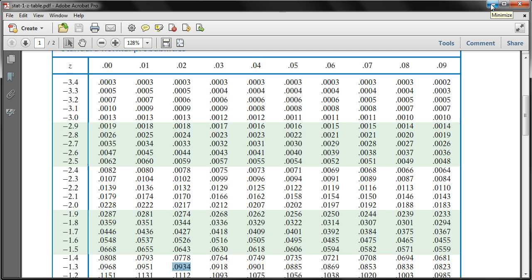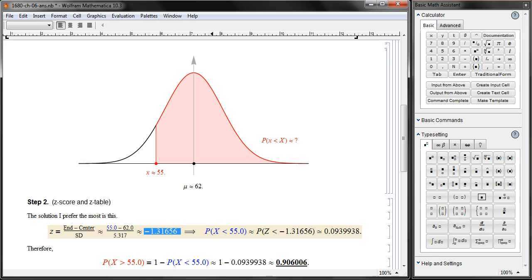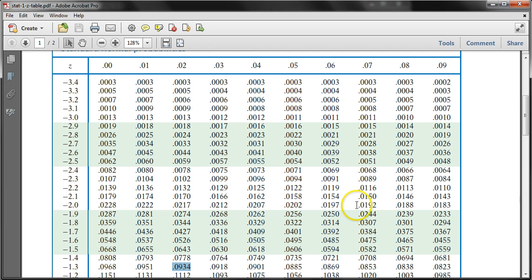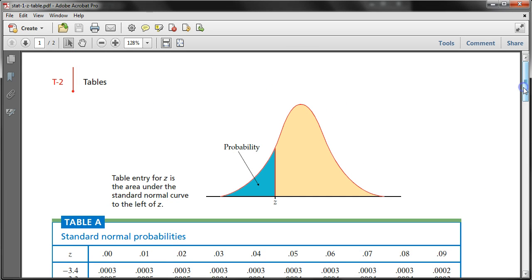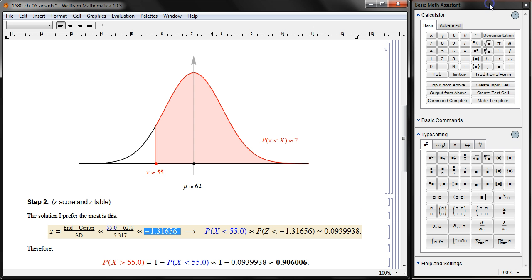So 9.34%. Is that the answer? Actually, no, not really. We just found this probability to the left. Let me bring back that normal table. You see all those numbers are associated with shading toward the left. But how did we shade in step 1?